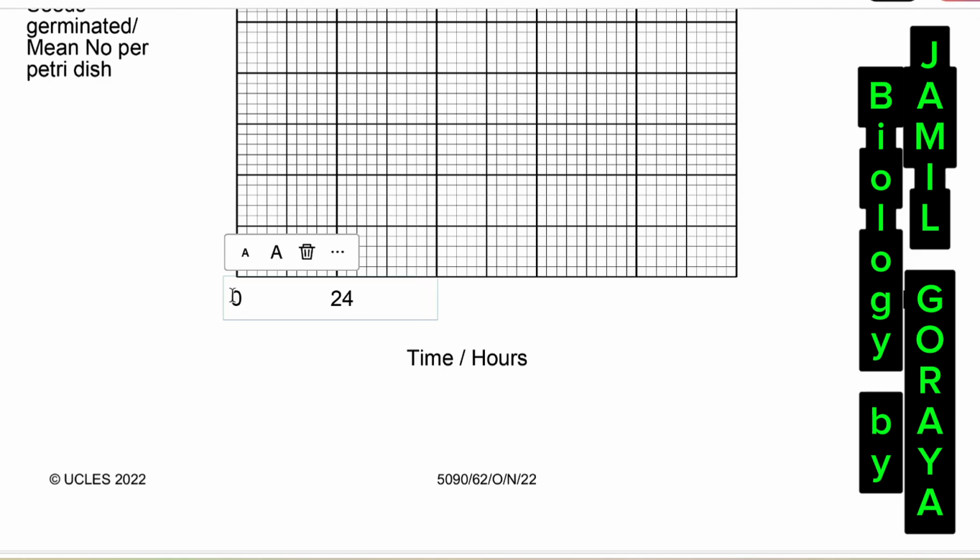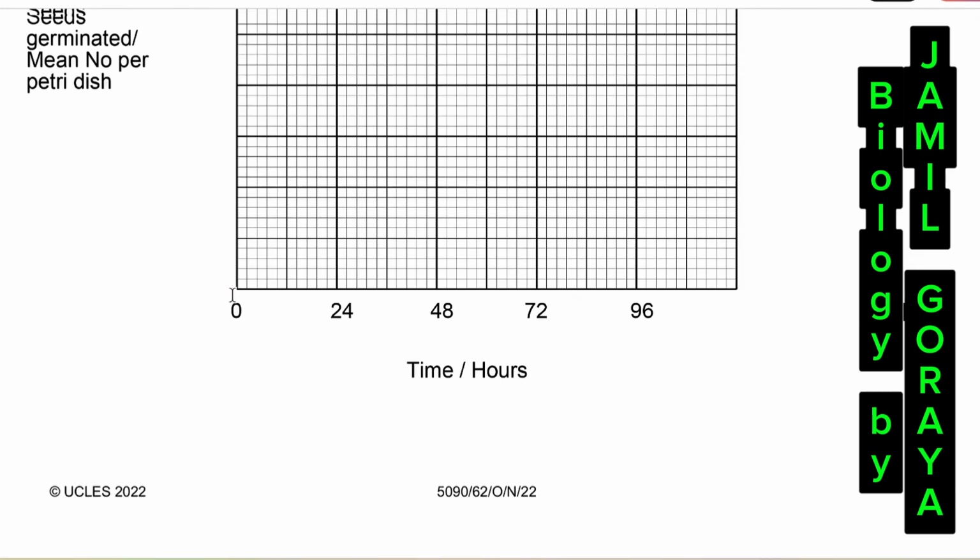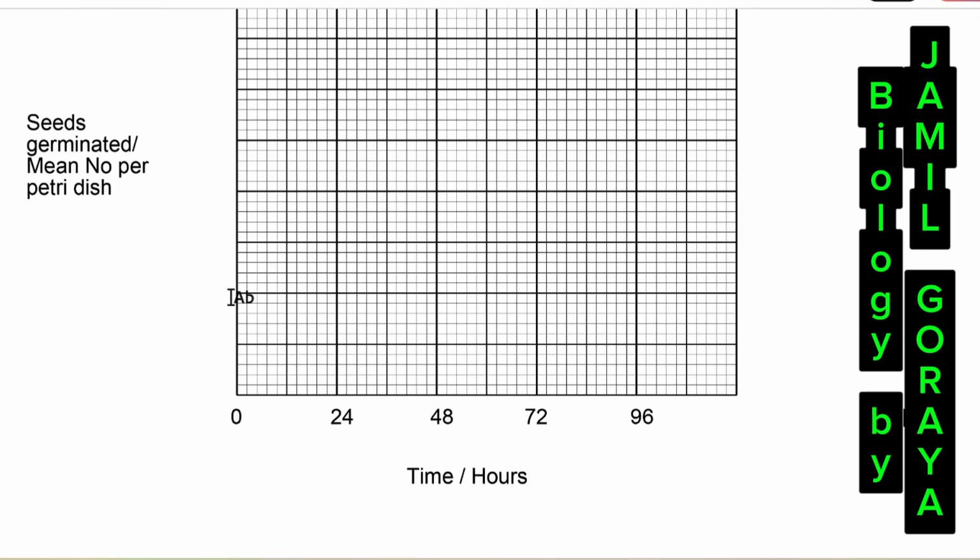And here could be 48, then 72, and here it must be 96. So this is linear scale with equal gaps.